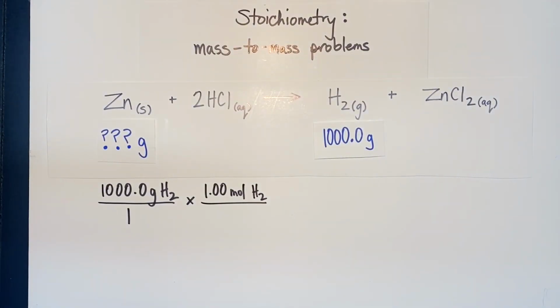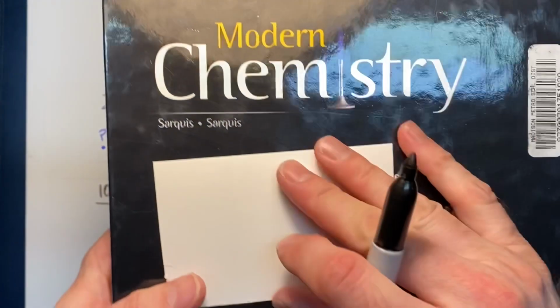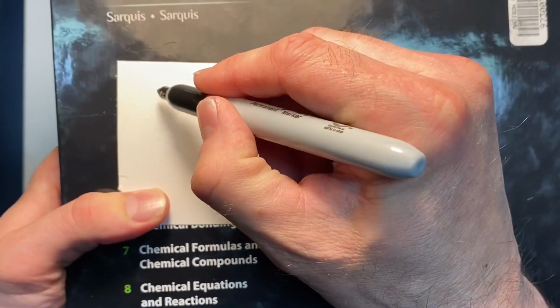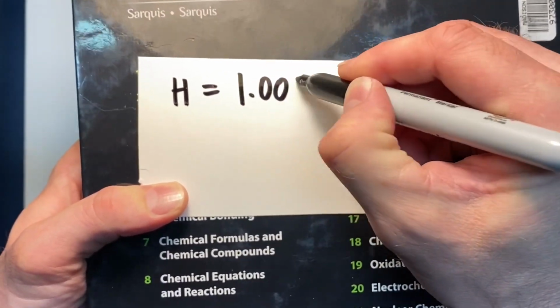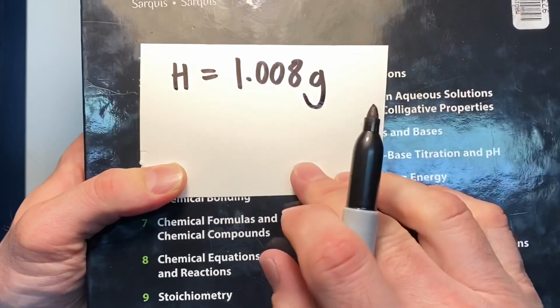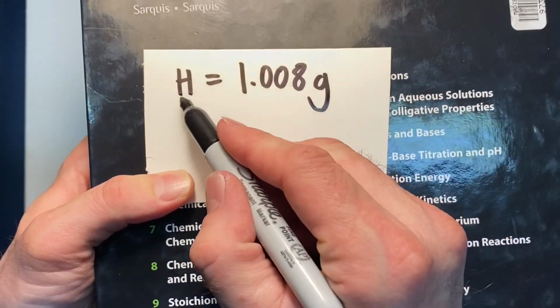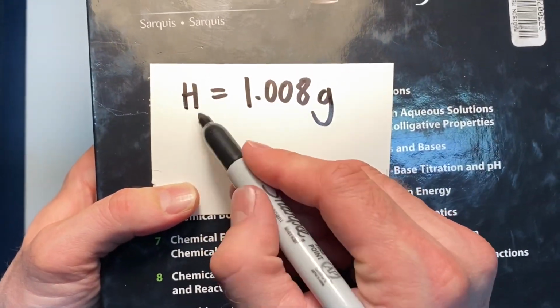So hydrogen is 1.008 grams, but this is just 1 mole of hydrogen atoms.